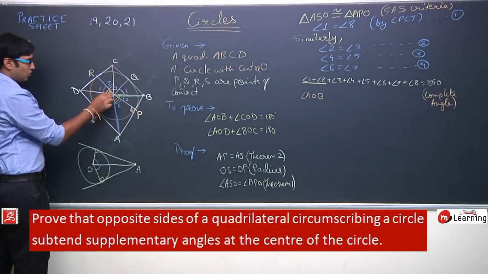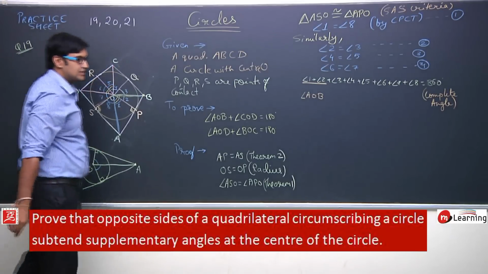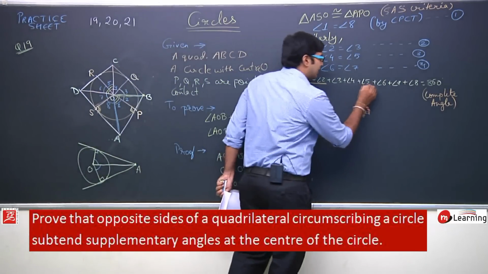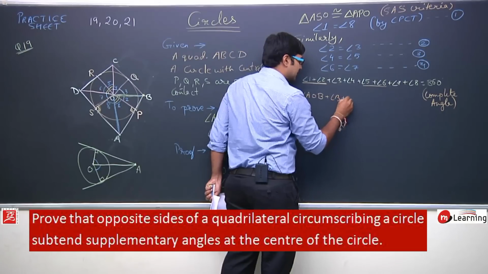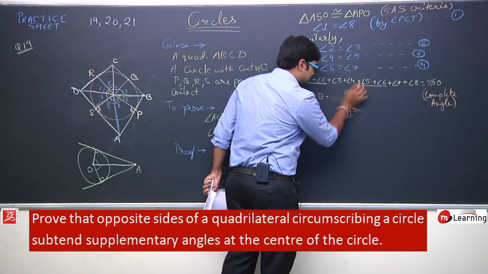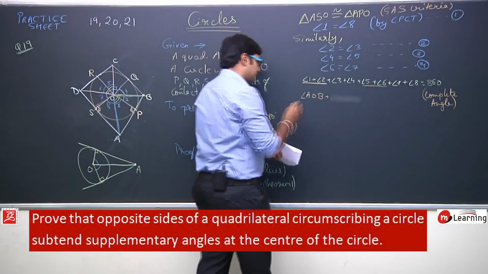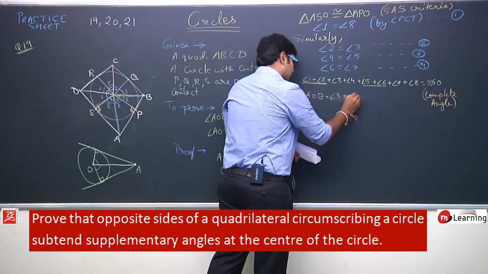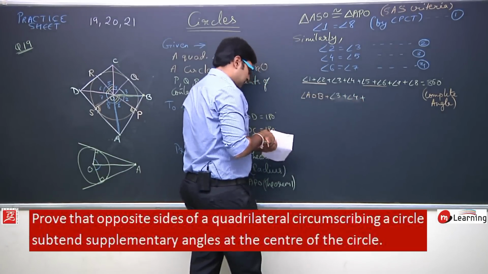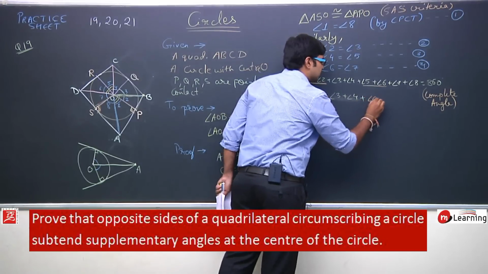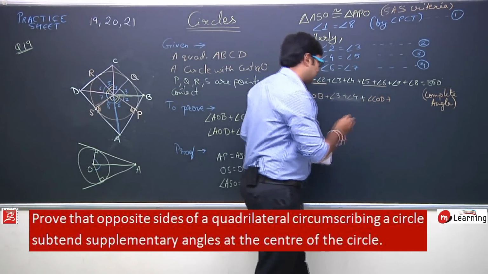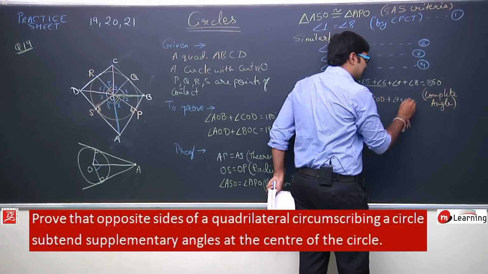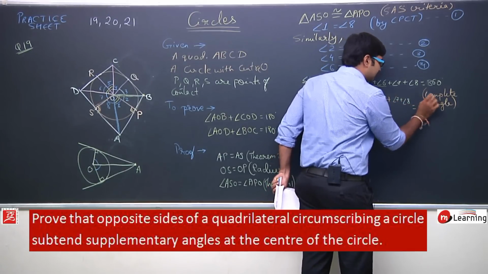Angle COD is angle 5 plus angle 6. So I will write angle 3 as it is, plus angle 4 as it is, plus angle 5 plus angle 6, which constitutes angle COD, plus angle 7 plus angle 8, is equal to 360 degrees.